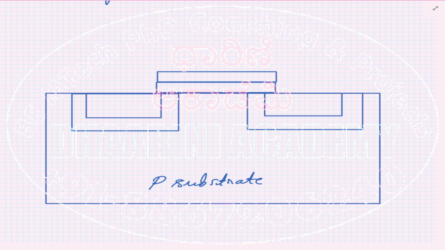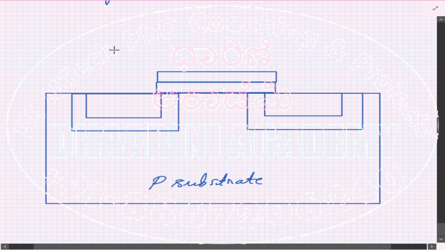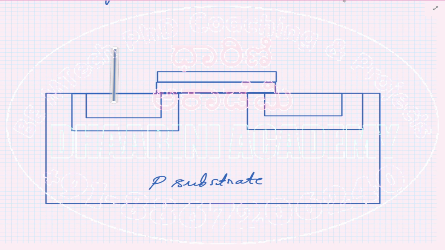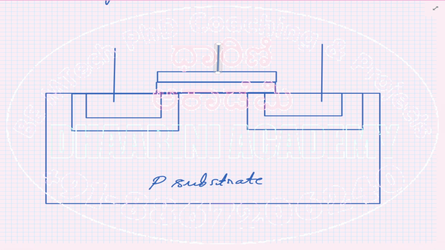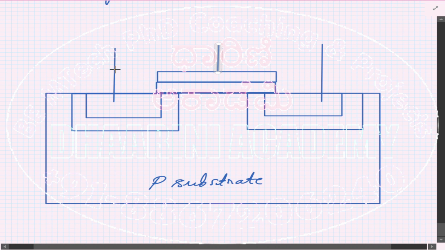Let me write a line here. This is the connection for source, this is the connection for drain, and this is the connection for the gate.